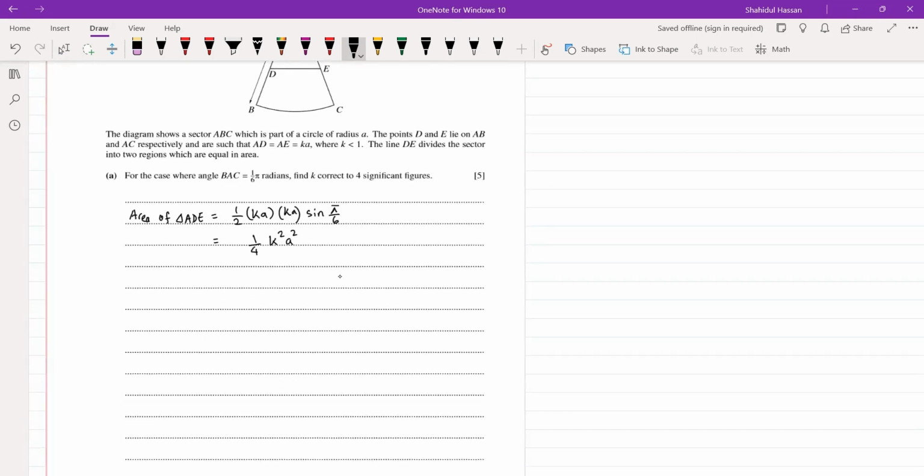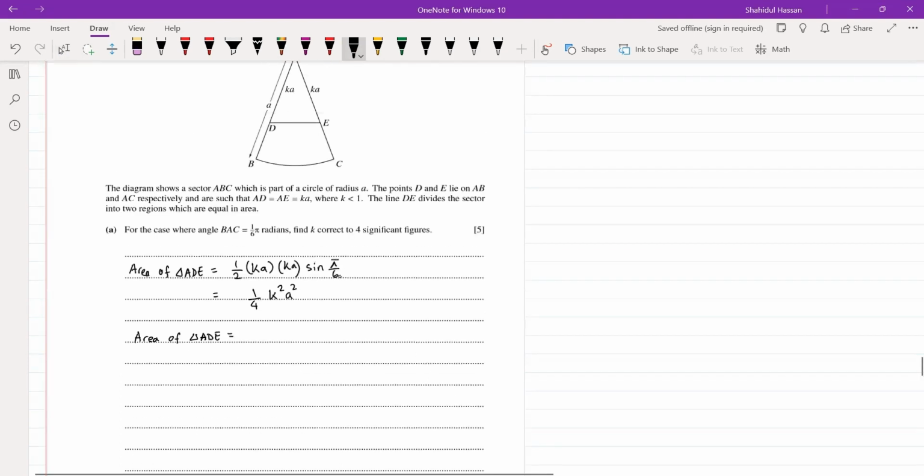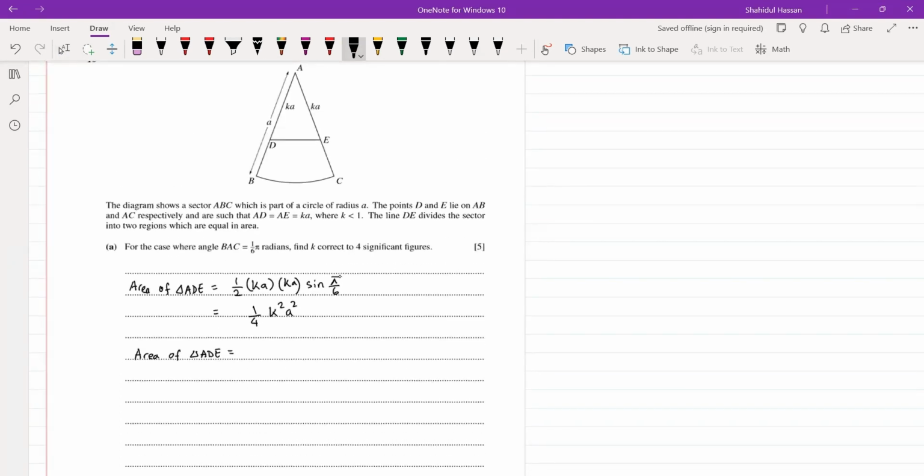You can also find the area of triangle ADE from a different approach, and that should be half of the sector area, because the question says that the line DE divides the sector into two equal regions. The area of triangle ADE will be equal to half of the sector area.